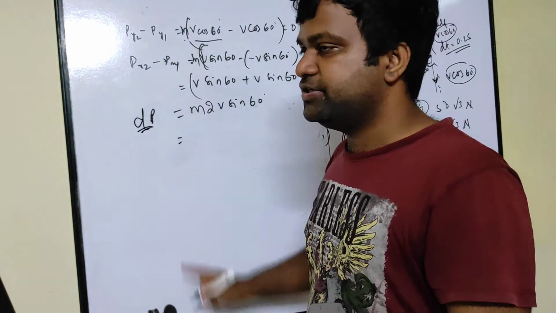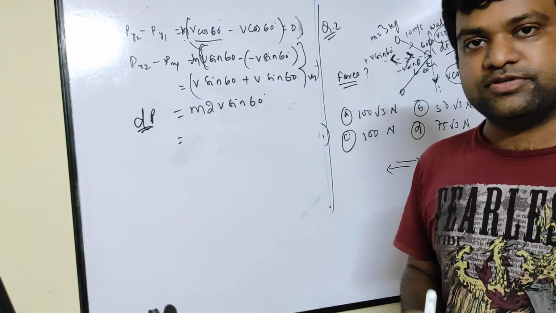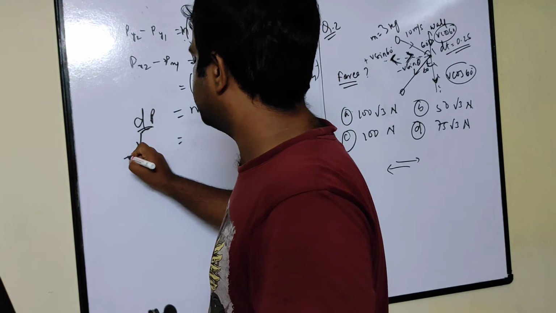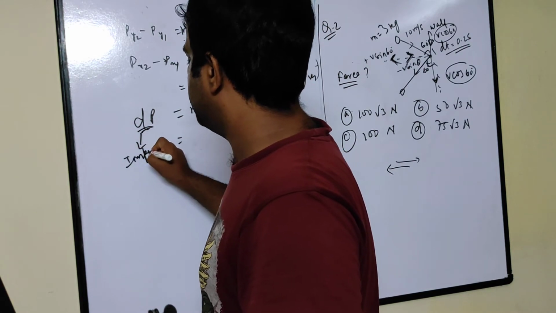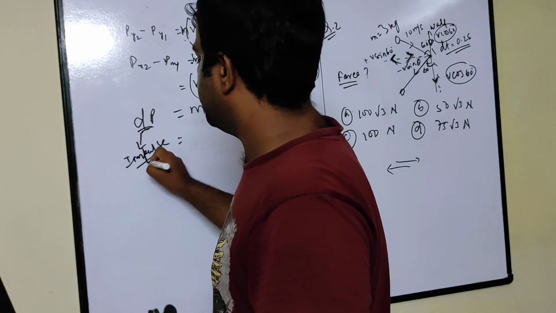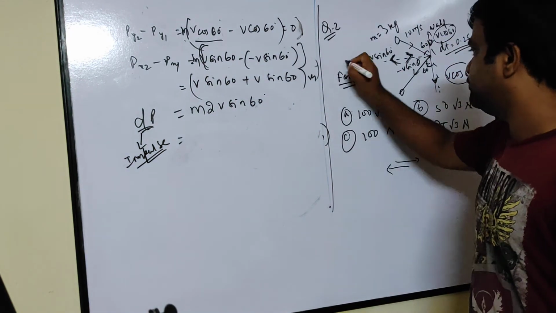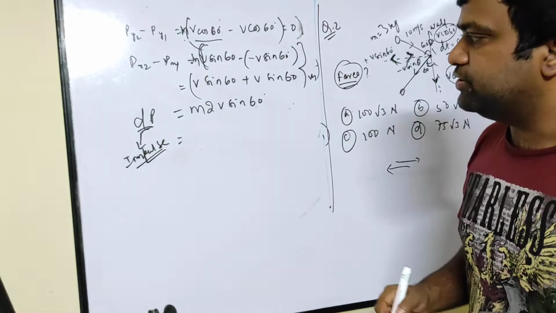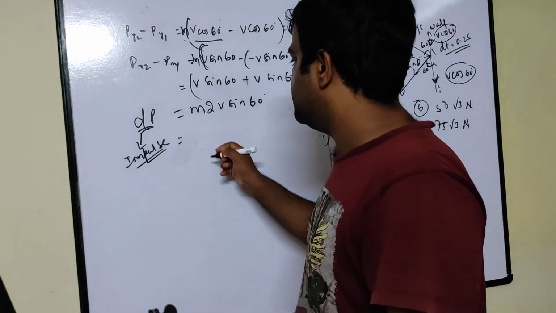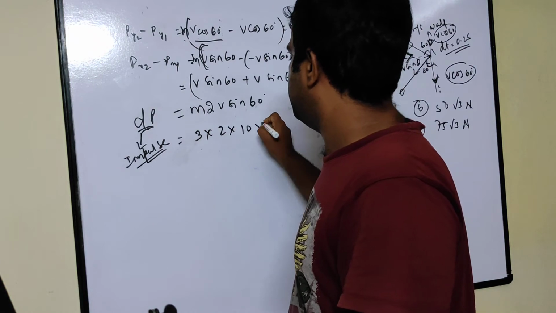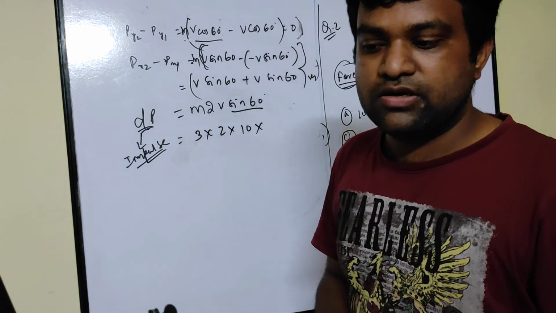In the y direction it is already 0. So the x direction is the net change in momentum, and net change in momentum is your impulse. So first we can calculate impulse. Once we get impulse, we will calculate force, because our target in this question is to calculate force, not impulse. So impulse is 3 into 2 into v, which is 10, into sin 60. What is sin 60?